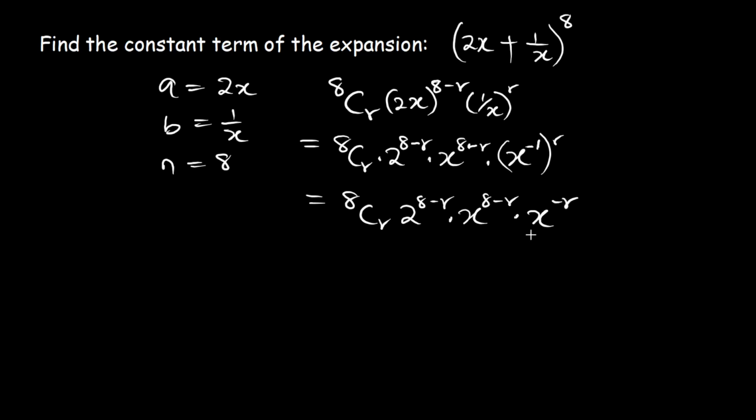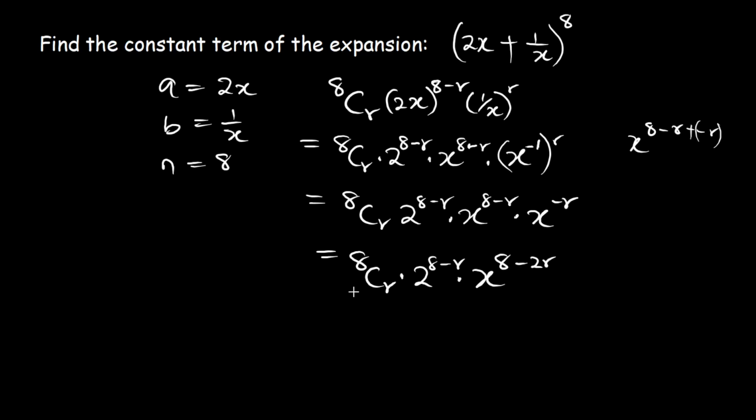We use laws of indices to combine the x, so that will give us 8 combination r times 2 raised to the power of 8 minus r times x raised to the power of 8 minus r plus minus r. 8 minus r minus r will give us x raised to the power of 8 minus 2r.